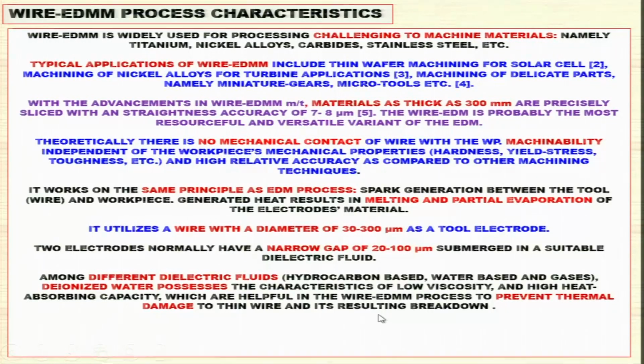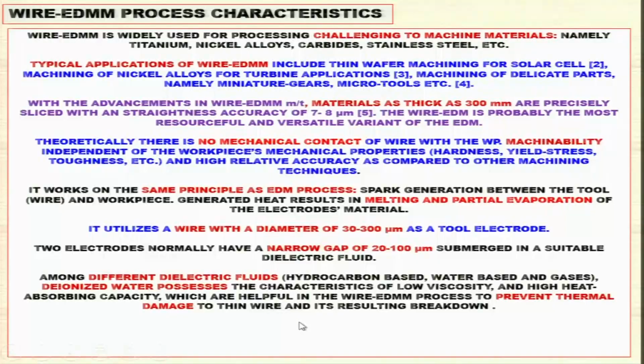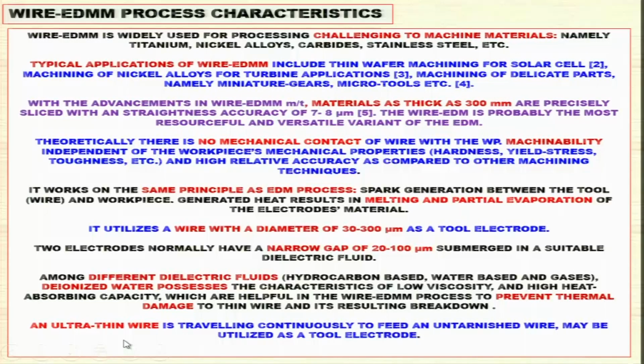This is very important because wire should not break down, otherwise it may damage to some extent the workpiece also, and it takes certain time for rewinding the wire on the pulleys. An ultra thin wire is traveling continuously to feed an untarnished wire, which may be utilized as a tool electrode.